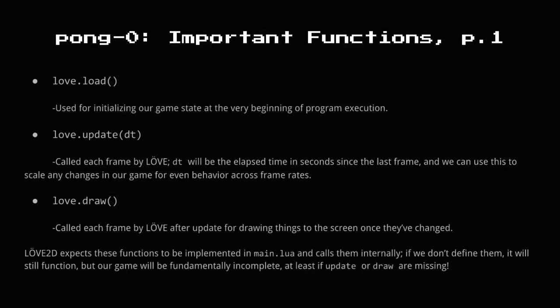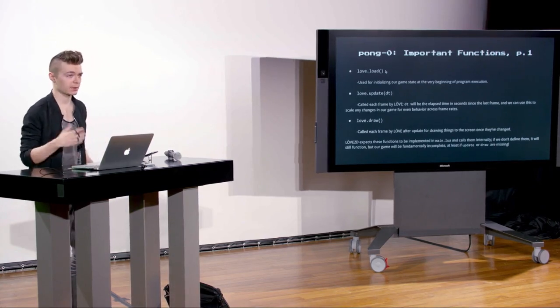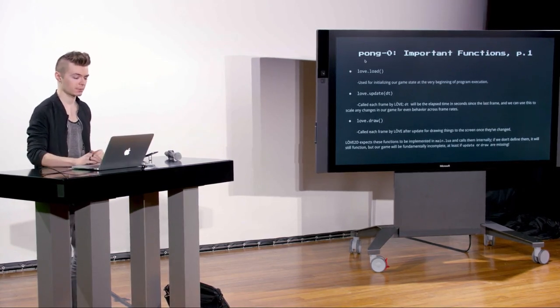If we're looking at Pong 0, you'll see it just has a main.lua file. Love2D expects just a main.lua file and will run it, and you can reference any other file within the directory from that main.lua file. It's our bootstrap, effectively. We are going to override love.load with whatever we want to execute at the very beginning of our application. It's just a startup function.